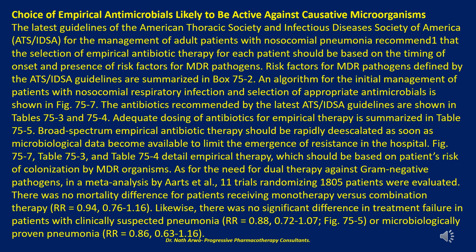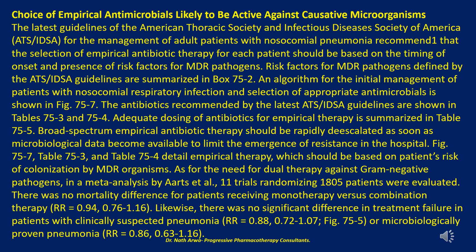Broad-spectrum empirical antibiotic therapy should be rapidly de-escalated as soon as microbiological data become available to limit the emergence of resistance in the hospital. Figure 75-7, Table 75-3, and Table 75-4 detail empirical therapy, which should be based on patients' risk of colonization by multi-drug resistant organisms.